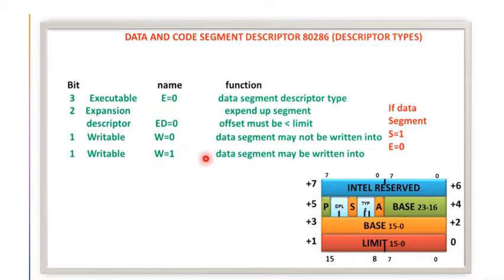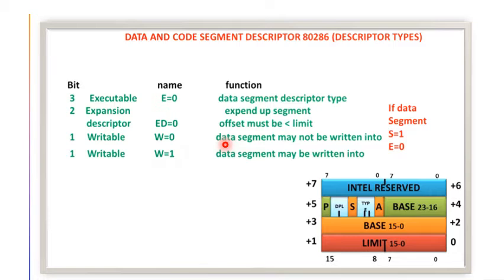Then bit number 2, expand down, ED. When ED is equal to 0, at that instant of time, the offset must be less than or equal to the limit. When ED is equal to 1, for an expand down segment, the offset must be greater than the limit.